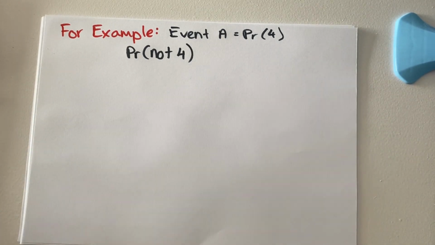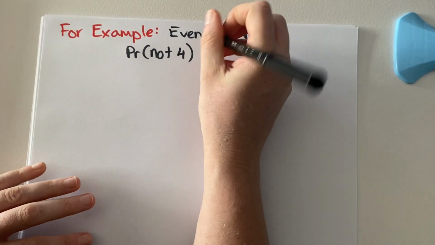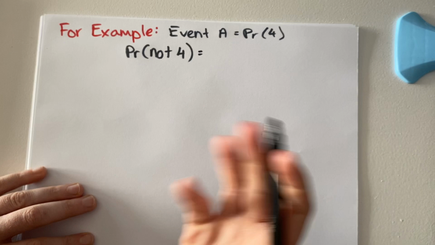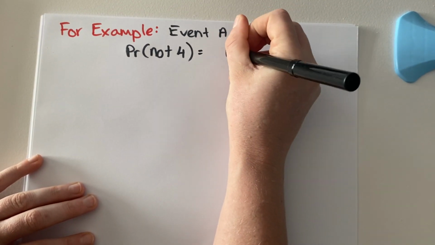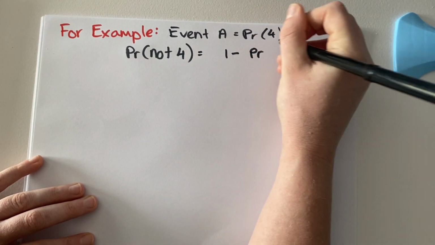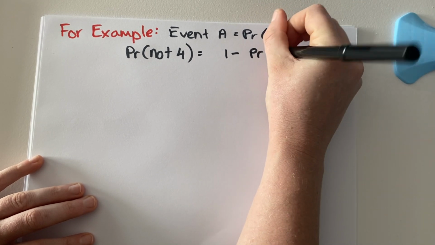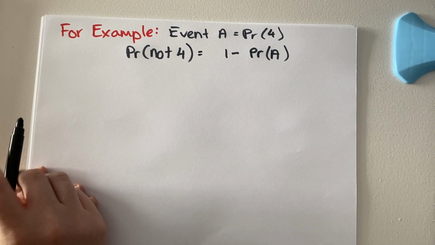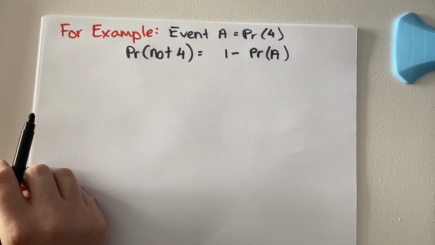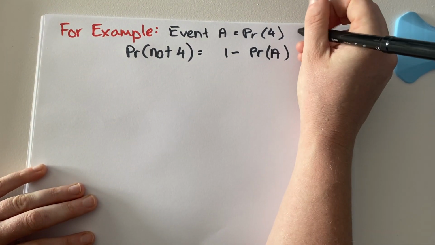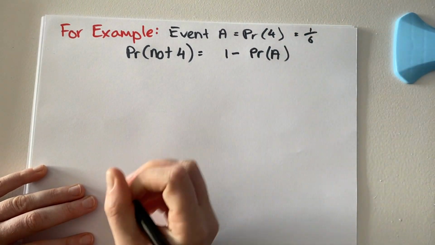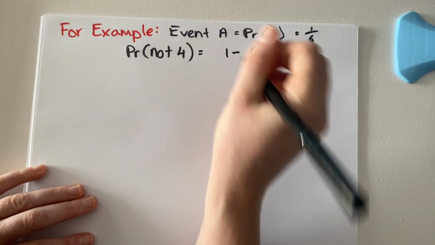Complement, so finding everything but. A quick short way to do it is to go 1 minus the probability of A. Easy way to do it. In this case, the probability of 4 is 1 on 6, so the probability of a not 4 will be 5 on 6.